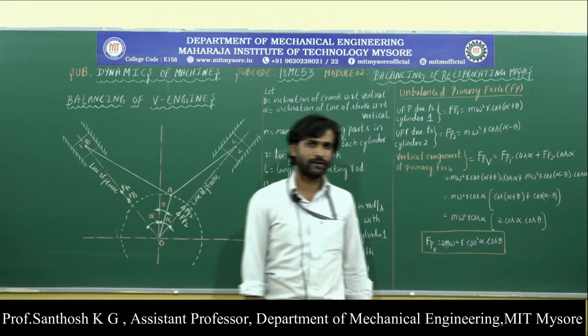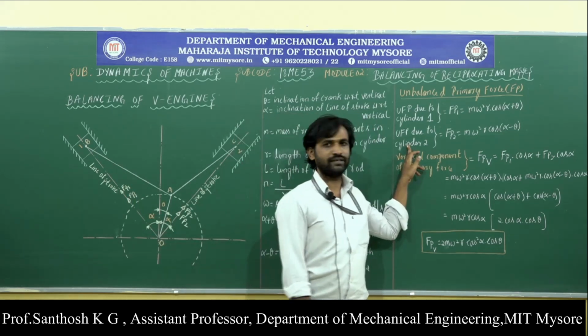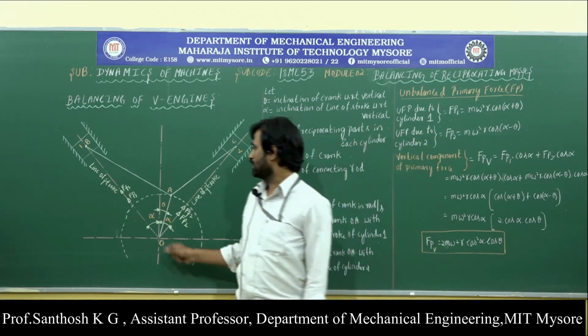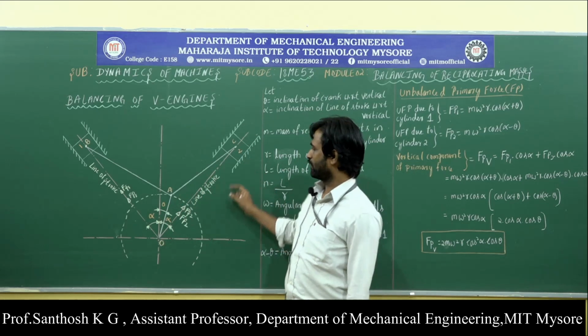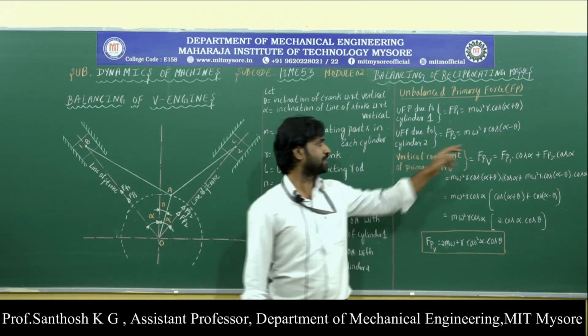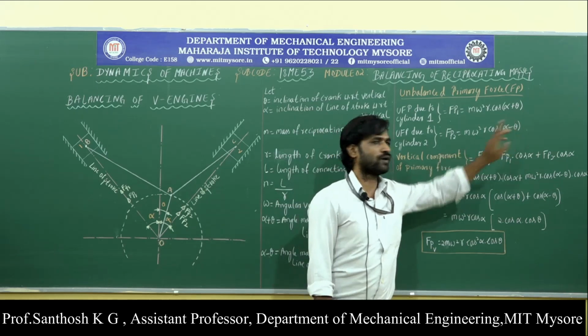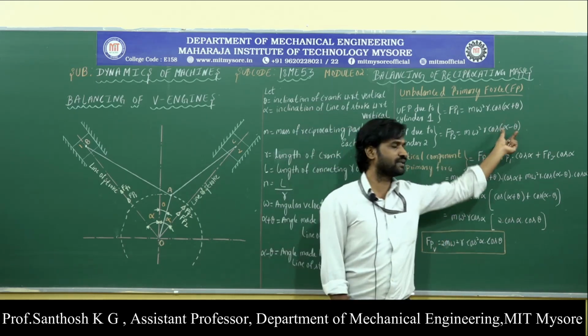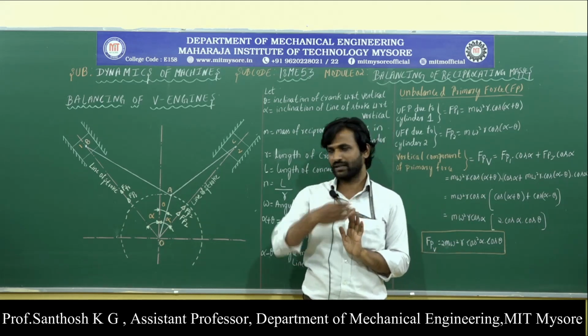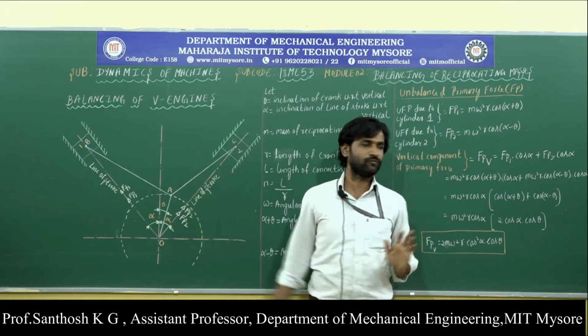Similarly, we can find the unbalanced primary force due to cylinder 2. It will be equal to again m omega square r into cos of alpha minus theta. So alpha minus theta represents the inclination made by the crank with respect to the line of stroke.